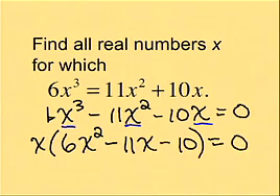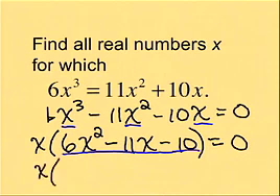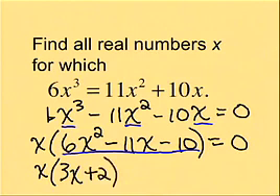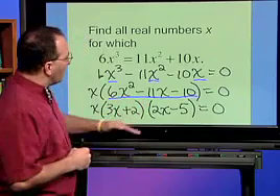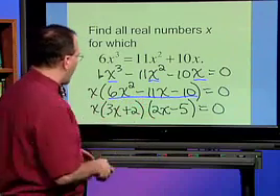Then I can factor this quadratic into the two binomials: 3x plus 2 times 2x minus 5, and that equals 0. Okay, and next I'm going to go off to the next screen and finish this problem off.